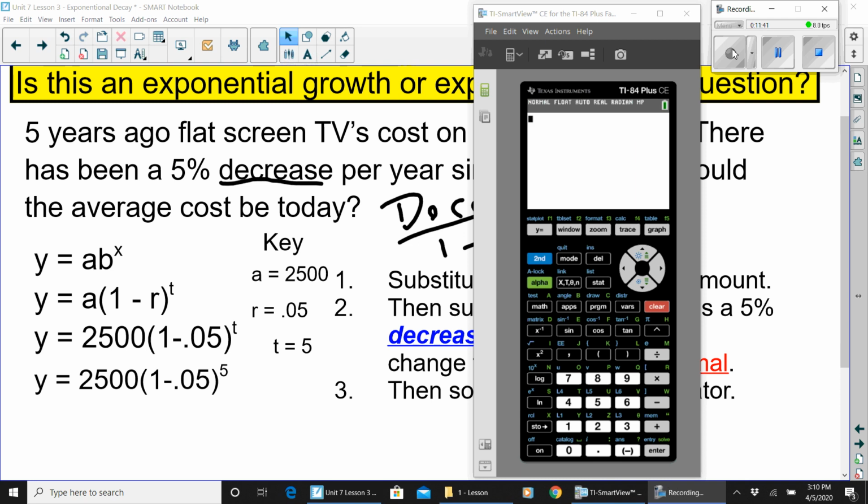So if you have your calculator out, hopefully you do, and you have your equation all set up like that, you have 1 minus 0.05 to the 5th power. And you press enter, and you get that.